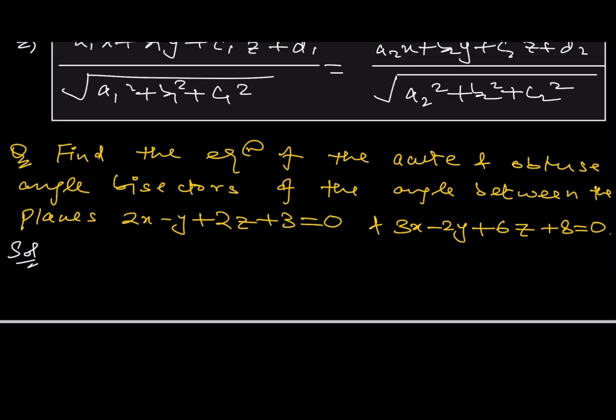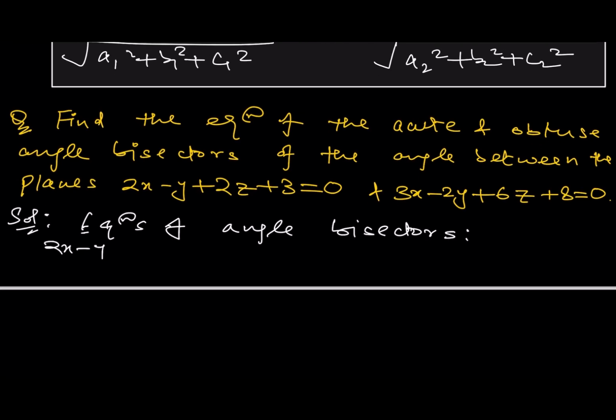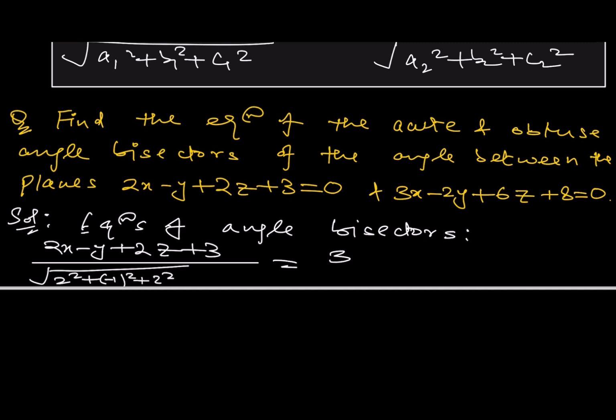So if I write the equations of angle bisectors, it would be (2x minus y plus 2z plus 3) upon root over 2 square plus minus 1 square plus 2 square is equal to plus minus (3x minus 2y plus 6z plus 8) upon root over 3 square plus minus 2 square plus 6 square, right?